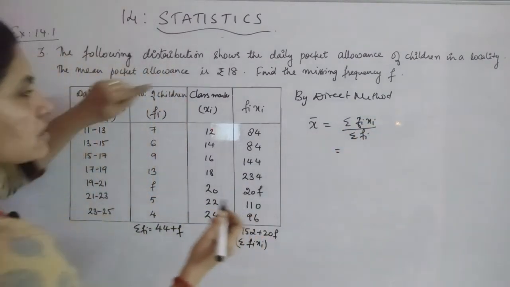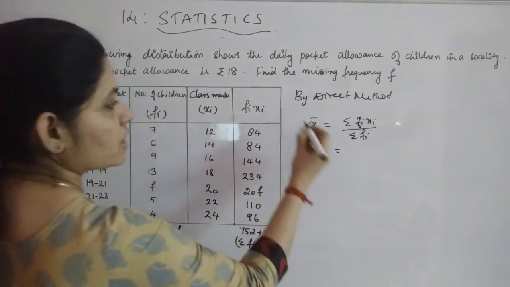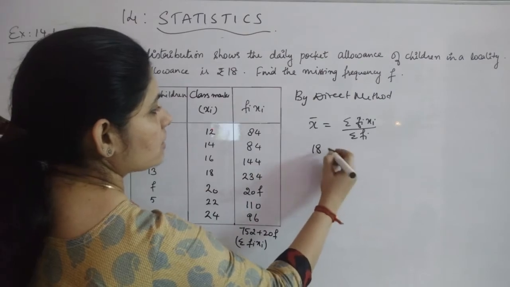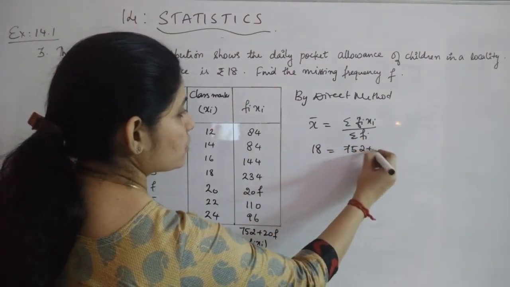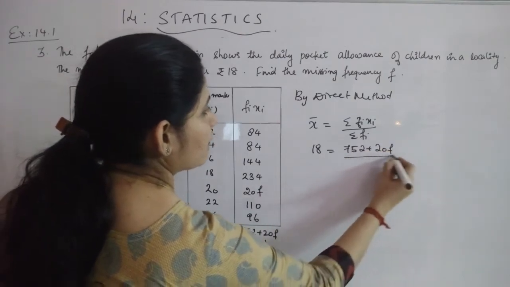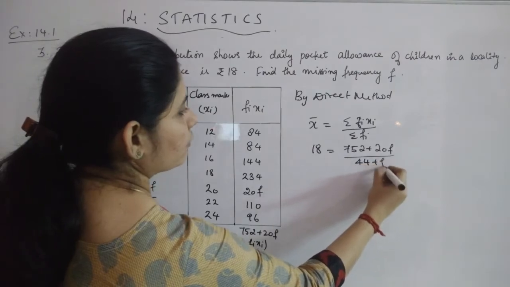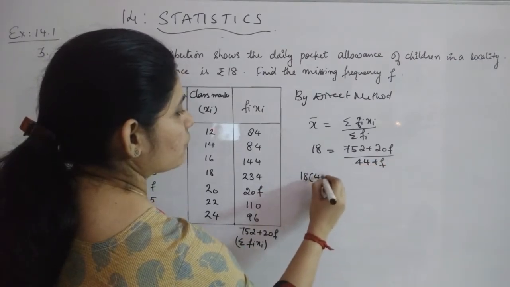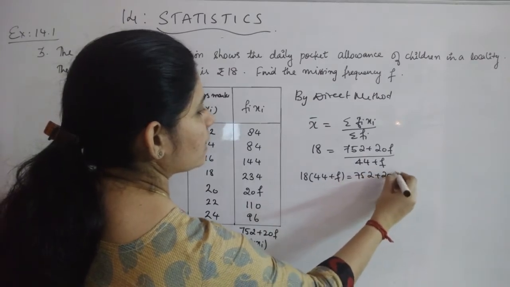Replacing the values, see, the mean pocket allowance is given, means the mean is given. Here instead of x bar you can replace it with 18. So 18 is equal to sigma fi xi, which is 752 plus 20f, divided by sigma fi, which is 44 plus f. So it is 18 into 44 plus f is equal to 752 plus 20f.